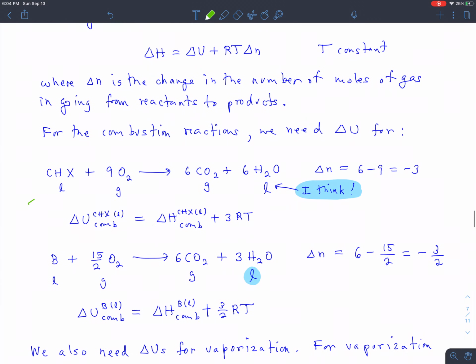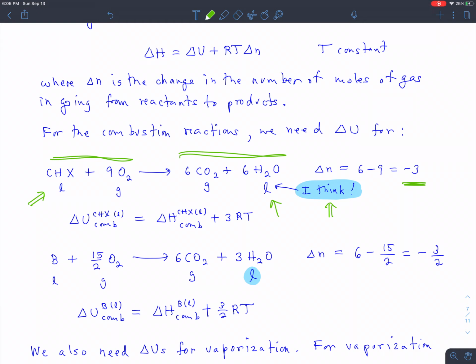So for burning the cyclohexane, for example, the delta N value ends up being minus 3, which means that there was more moles of gas to start with than there are at the end, assuming that we produce liquid water and not gaseous water. I think that that's the case because it's what makes sense with all the rest of the calculations, but that isn't actually spelled out in the write-up.